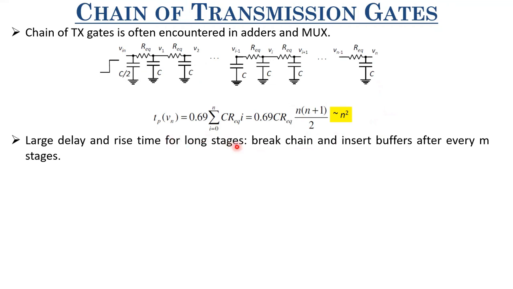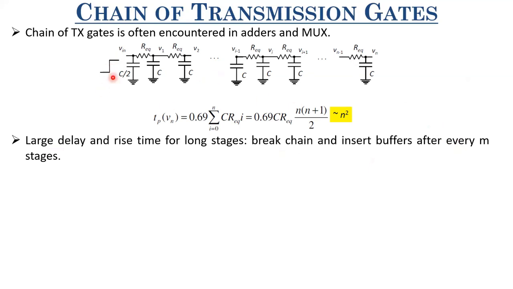So what we do essentially, in order to reduce the delay and in order to restore a good rise time or fall time, is break this chain and insert buffers after every m stages. So let us say we have a total of n stages. We break them into n by m groups and insert buffers.